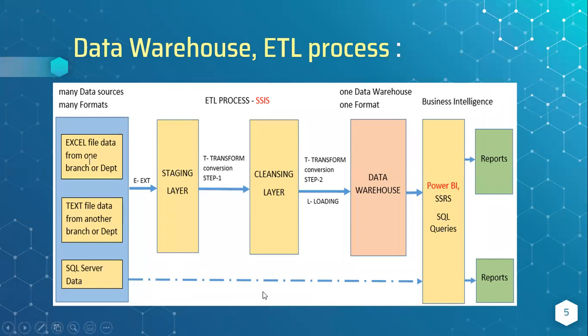You can see there is a dashed line at the bottom, which is connecting the Power BI reporting tool to source data. So if your project is big and you have a data warehouse in place, you can connect to the data warehouse. If your project is small and you don't have a data warehouse, your reporting tool will connect to the source data itself.